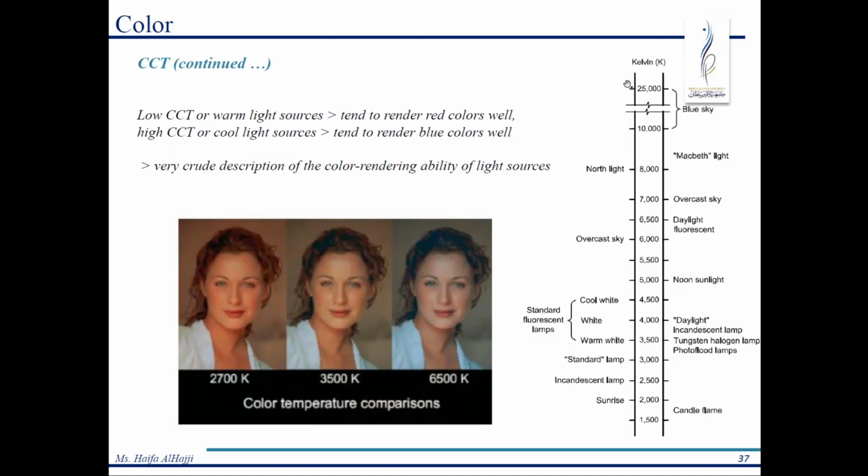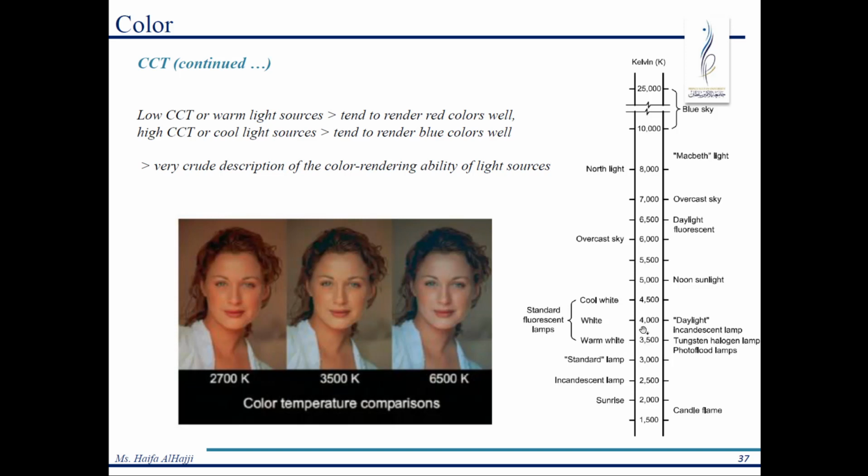So this is the scale, and as we can see, it's according to the temperature of the light. Sunrise is 2000, so it's on the warm range, the yellowish range. The white daylight is actually 4000. Cool white is 4500. Warm white is 3500.